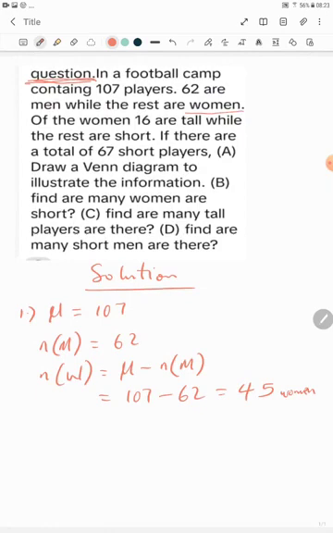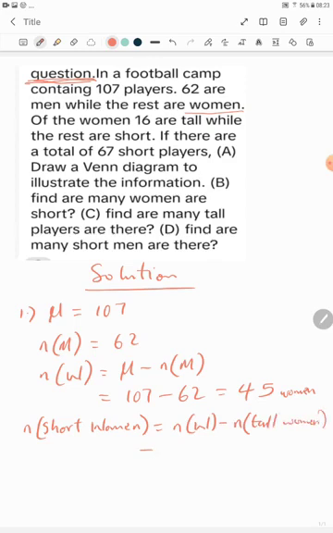Of the women, 16 are tall while the rest are short. So we can say now that the number of short women will be equal to the number of women minus the number of tall women.